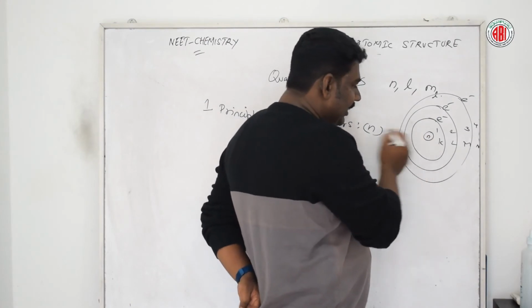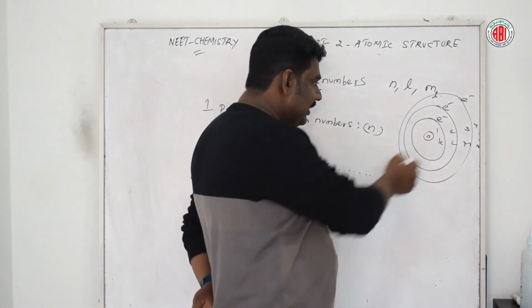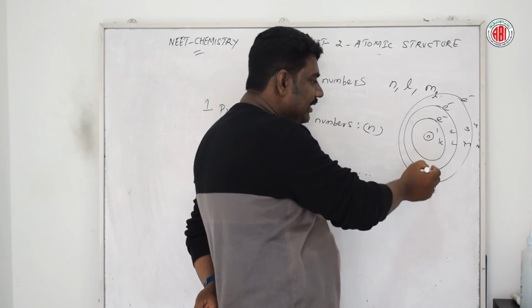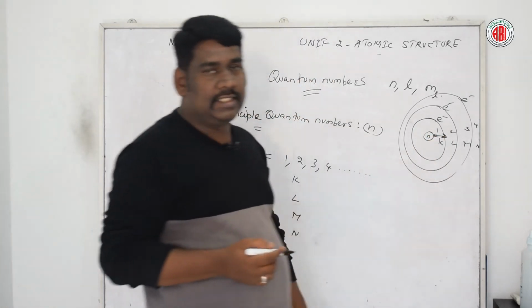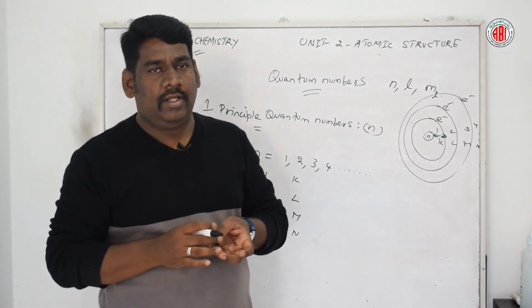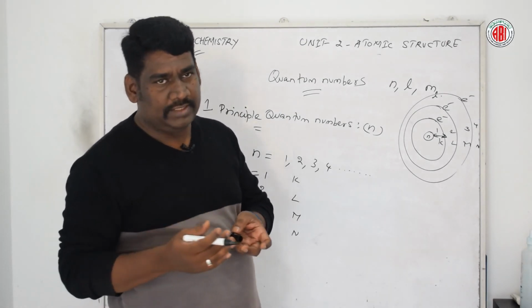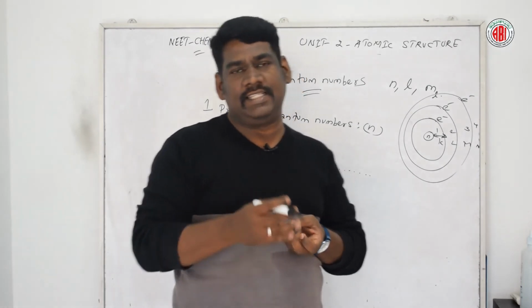Nucleus, it is there, and the first shell n is equal to 1, that is nothing but K shell. The distance between these two is very less. So it is very close to the nucleus. So it has lowest energy.